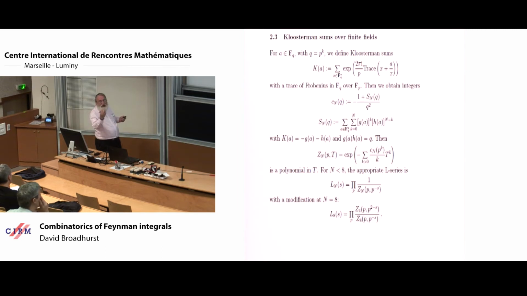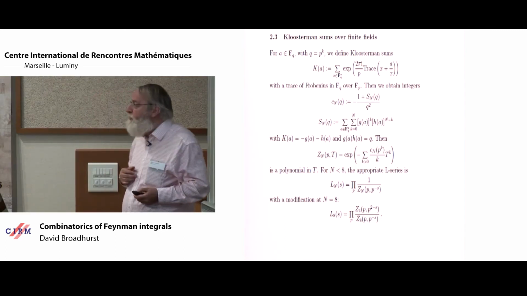something that takes an element of f of q and turns it into an element of f of p. And I sum over all of the elements apart from 0 in the finite field, and I have a parameter here, a, which is like my time in the Bessel function, and so I define for every element of the finite field this k of a. And then what I want to do is to take moments of it.